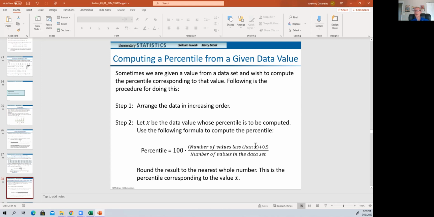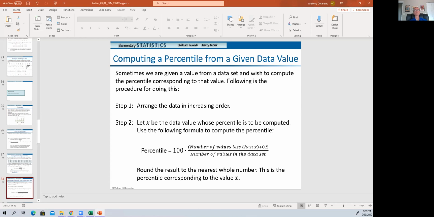Then you add a half to it, and then you divide by n, which is the total number of data points. And then you round the result to the nearest whole number. This is the percentile corresponding to the value. This is what I don't agree with in statistics: for some reason they don't like percentiles that have decimal points in them. I'll tell you, as an engineer, when we were doing these percentile calculations, we always left the decimal point. But that's okay.